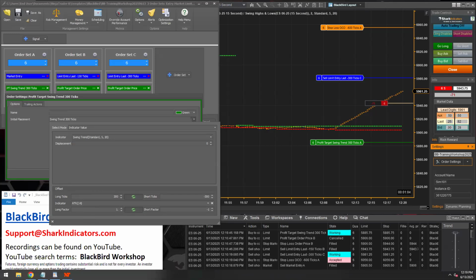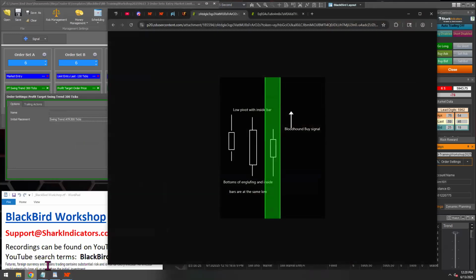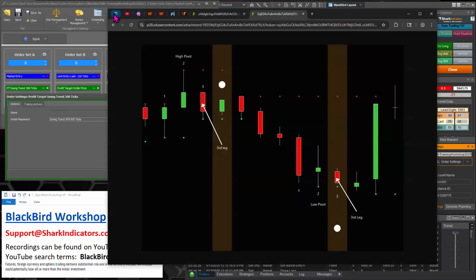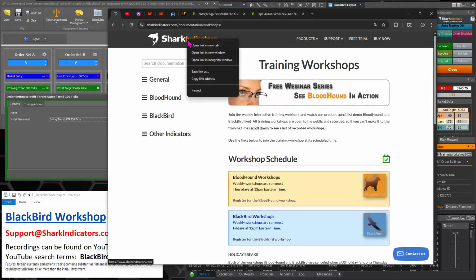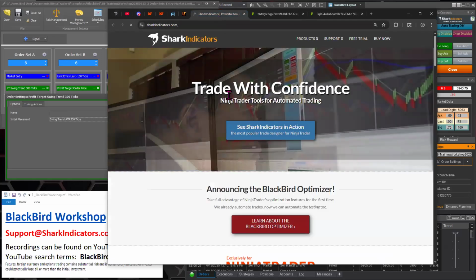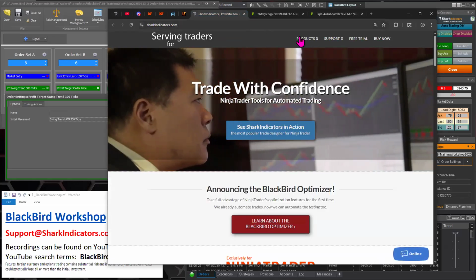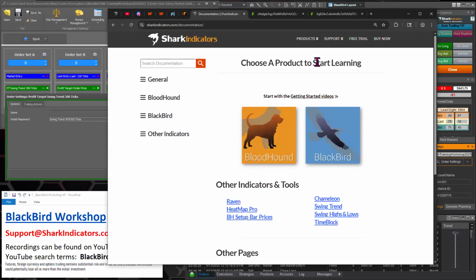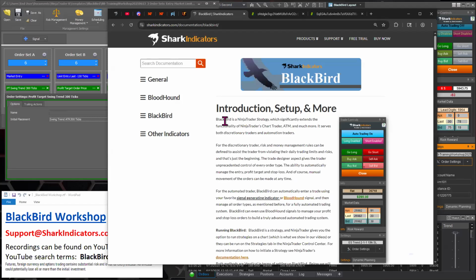And when you're coding this up and you forget the details, you can always go to the documentation. Let's pull up the website here. Here we go. So you can always go to our documentation, and you're working with Blackbird, so we're going to go to Blackbird here.